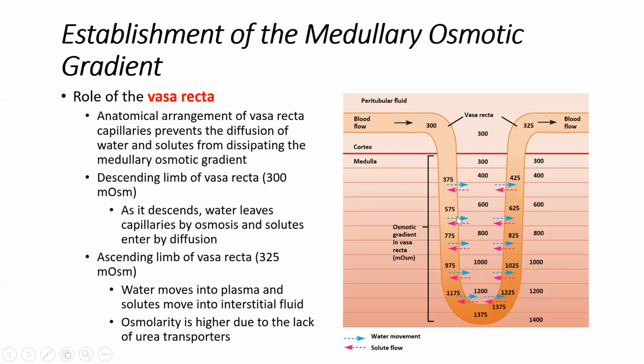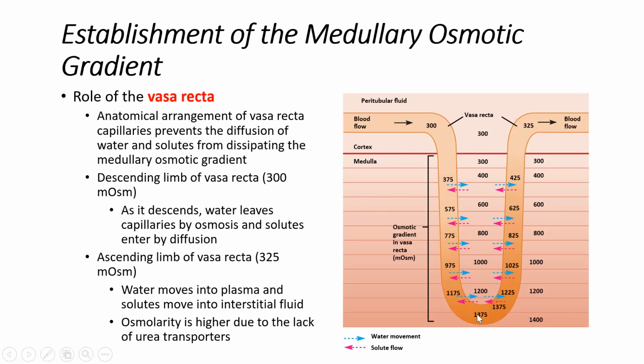So water is moving out of the descending limb, the capillary here, and into the osmotic, medullary interstitial fluid, whereas solutes are moving in the opposite direction. Solutes are moving from the interstitial fluid and back into the capillary, into the vasa recta. And so we see that the osmolarity is rising as we go down the descending limb of the vasa recta, okay?